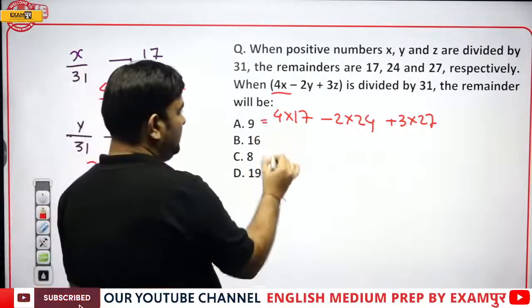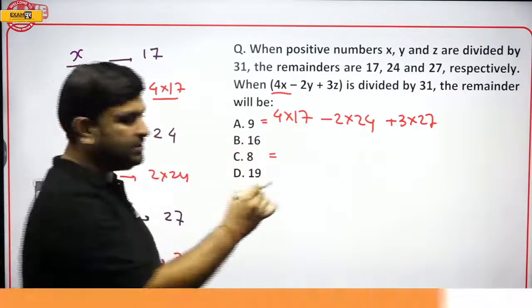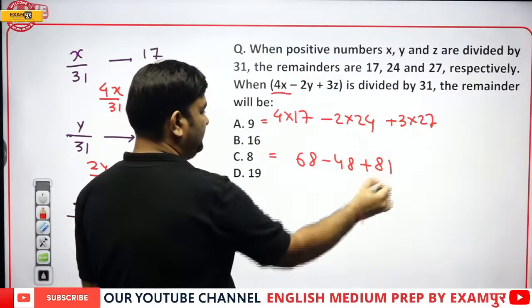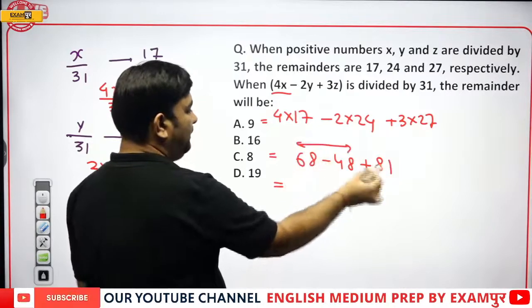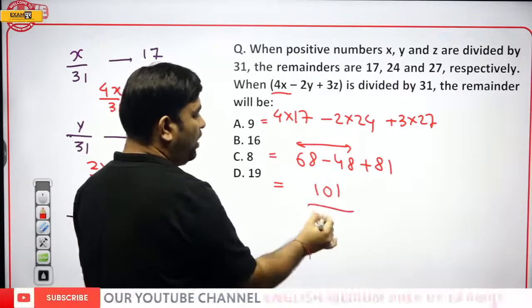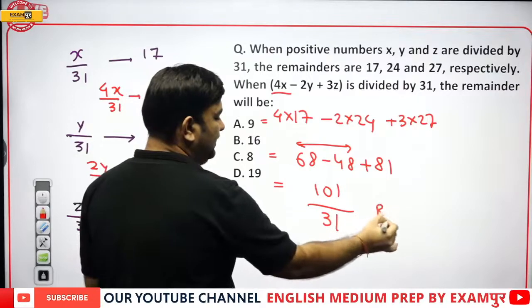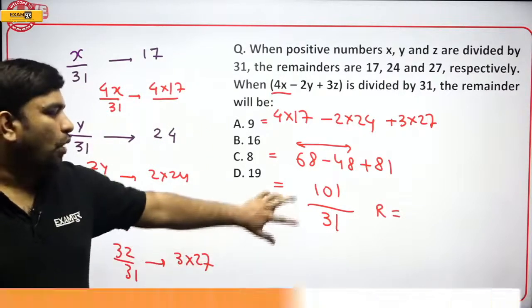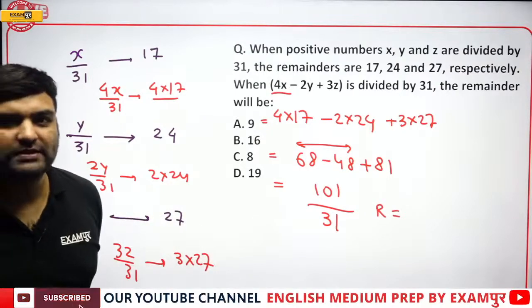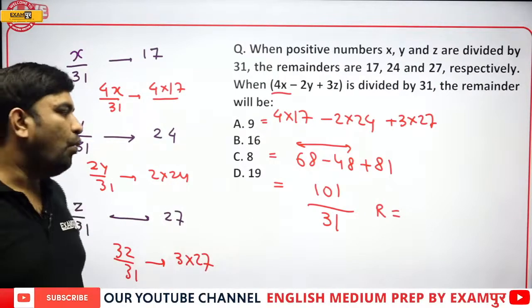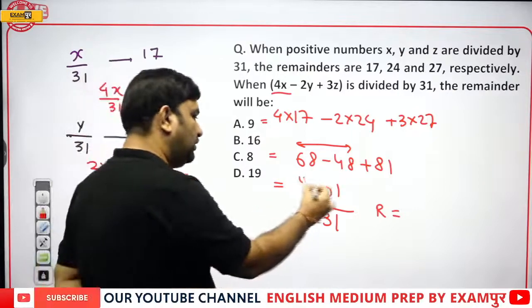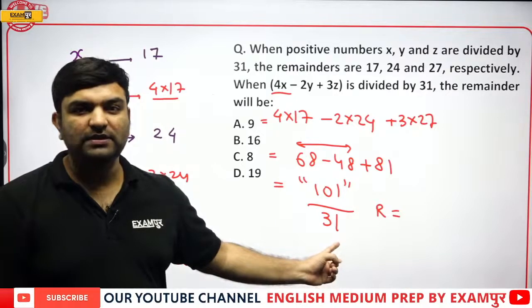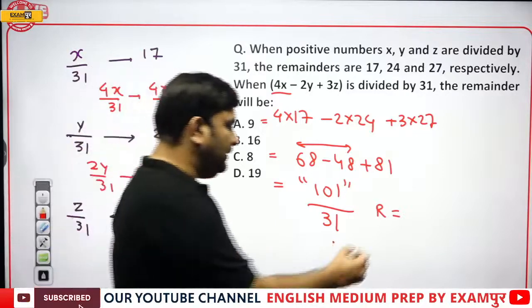So 17 4 ja 68 minus 48 plus 81. 20 plus 81, 101. 101 divided by 31, what is the ultimate remainder? 93 is completely divisible.